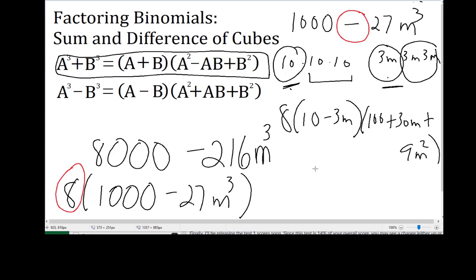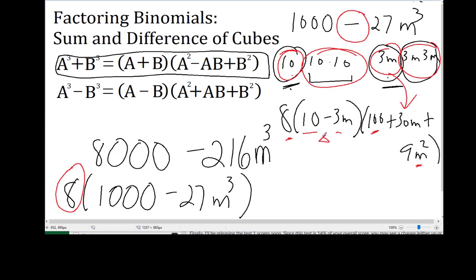So it's 8, which is the GCF, 1 of each, 10 and 3m with the same sign. What's left over? 10 times 10 is 100. What's left over? 9m squared. And then the 10 times the 3m is where I get this 30m for my middle.